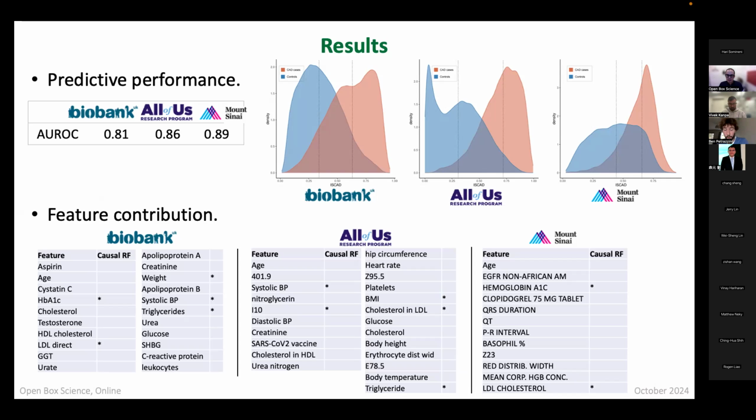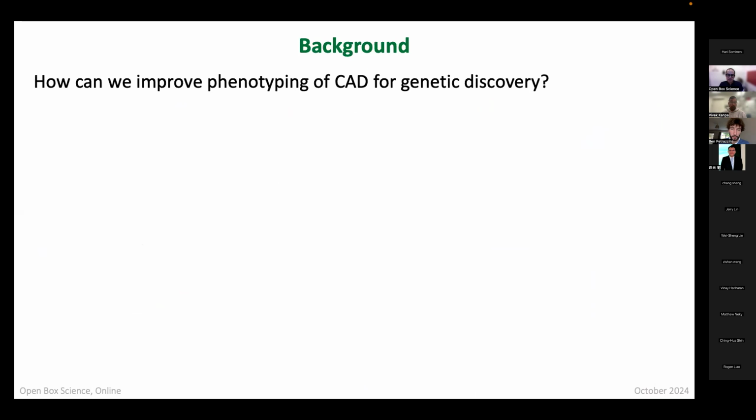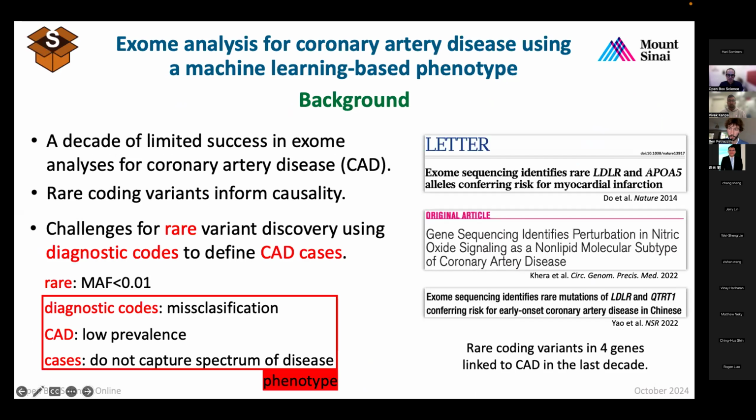That's from Ron's Nature paper where they discovered LDLR and ApoA5. They came up with this approach only for gene burden testing, right? In single variant, we don't restrict to variants that are deleterious in these 5 out of 5 scores. But because they were trying to build gene sets that are highly deleterious, they came up with this approach of using 5 out of 5 pathogenic predictions in 5 very widely used scores.